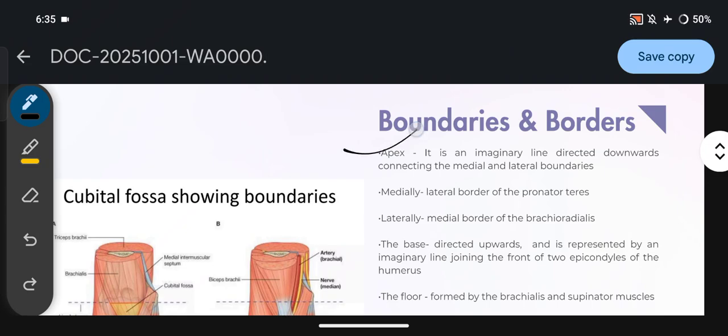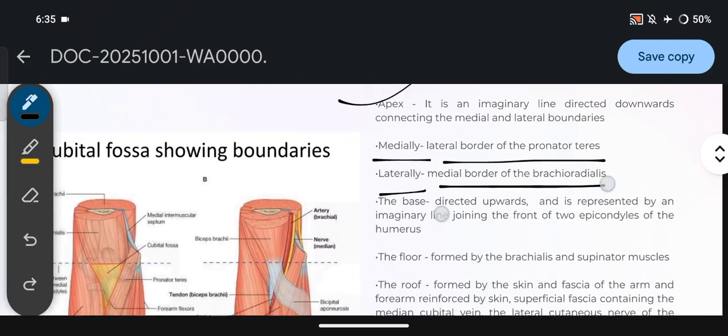Medially, the lateral border of pronator teres; laterally, the medial border of the brachioradialis; and the base directing upwards, represented by an imaginary line joining the front of the two epicondyles of the humerus.